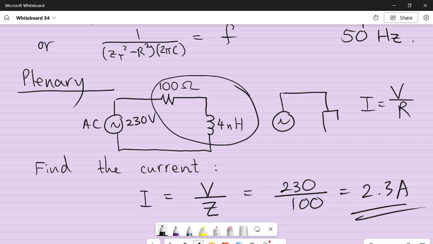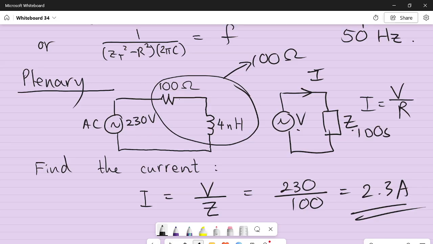So therefore, basically what you've just done is you turn this circuit into just a Z component like that. So this is V, and then you are asked to find the current I, so it's V over Z. Because all this in series is equal to 100 ohm. So that is 100. And it's already given you the formula. Look, those 2 marks could count between a merit and a distinction.